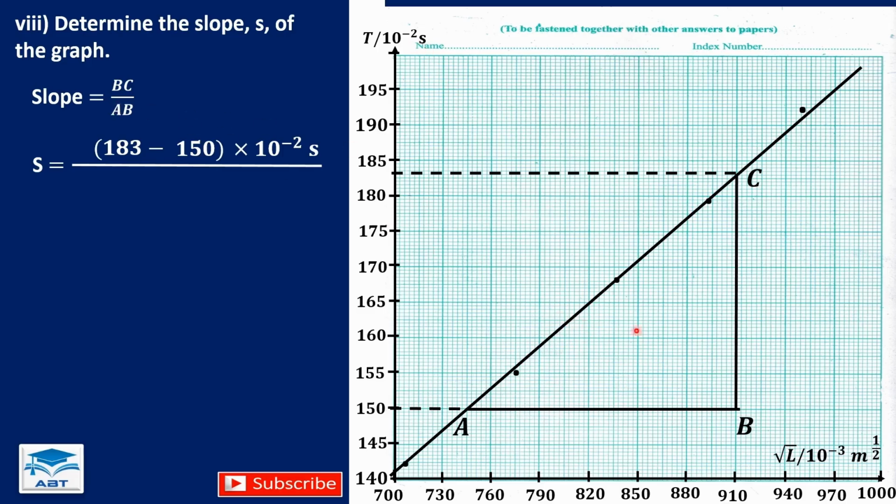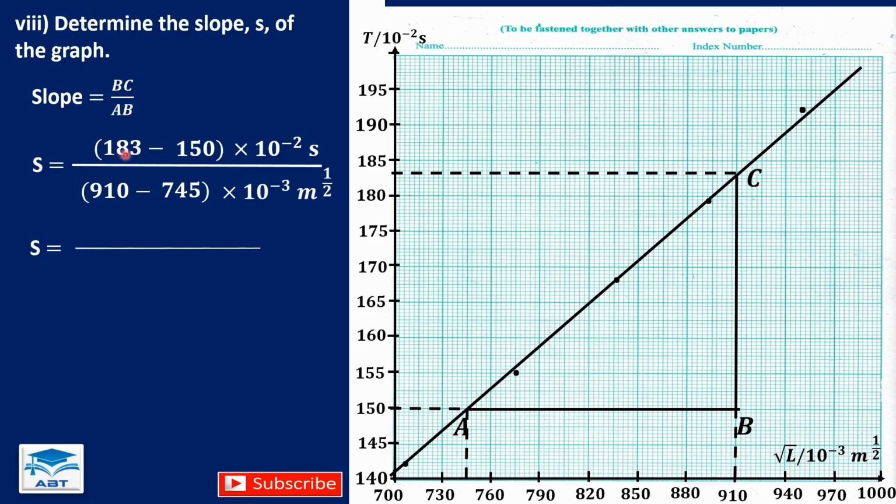And for AB, we have B minus A. B is 910 minus A, which is at the middle of 730 and 760. So we'll add 15 to 730, which gives 745 times 10 exponent negative 3, and the unit is meters exponent half.